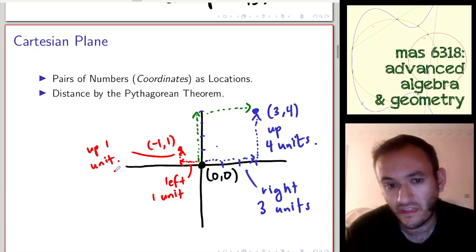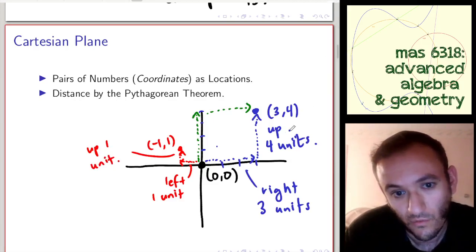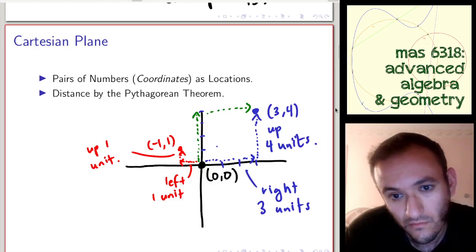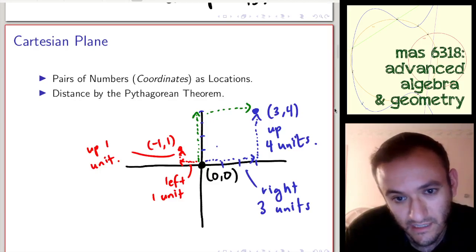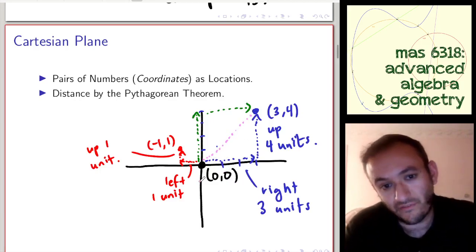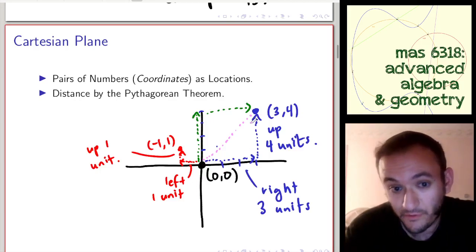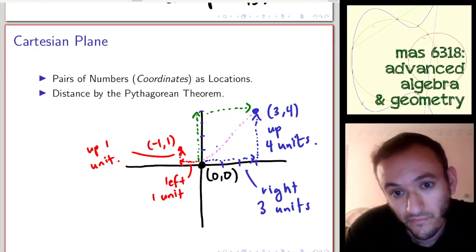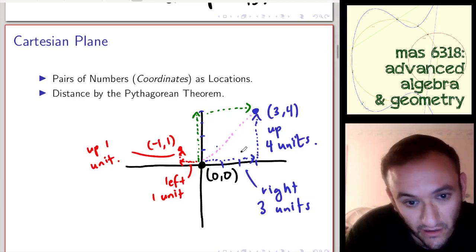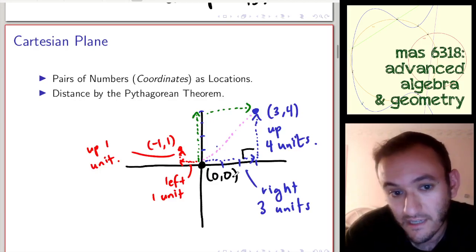Now how do we think about distance in this formulation? Well, if we want to compute distance, we have to compute the hypotenuse of a right triangle. Specifically, it's the right triangle whose legs are the blue dotted edges here.